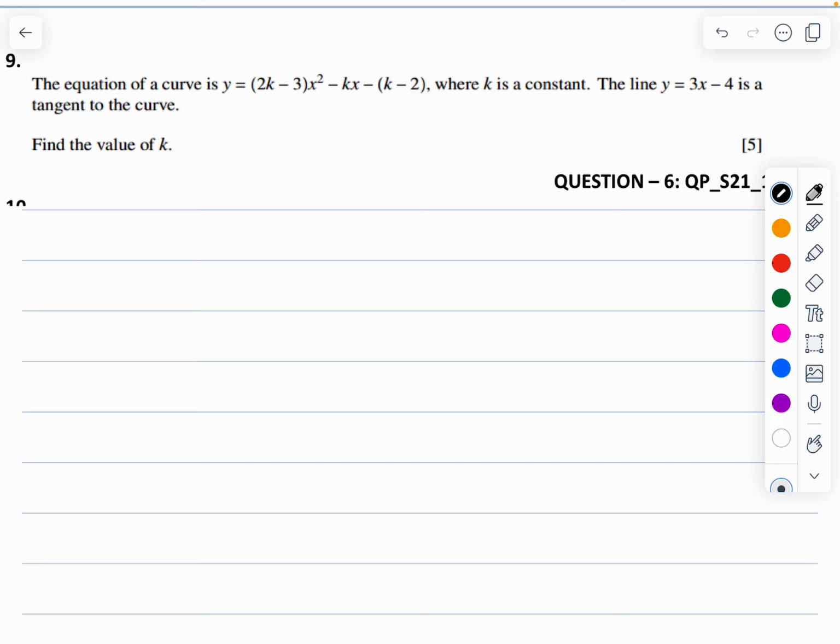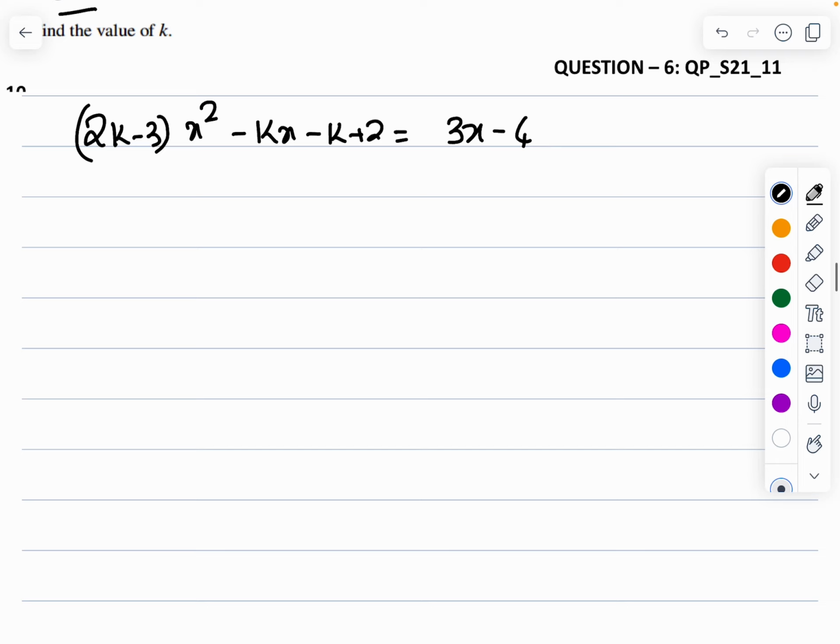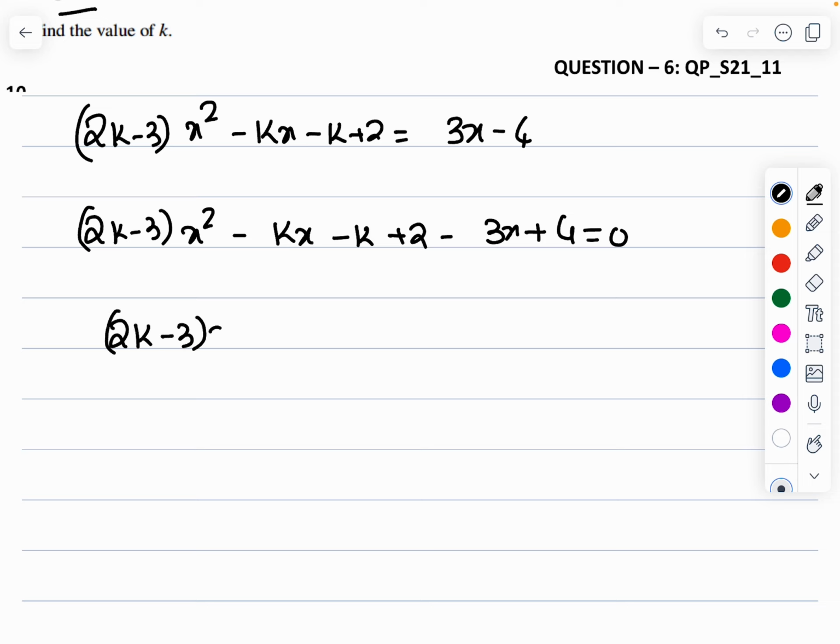Question number 9. Again, it is a curve and a tangent. So (2k − 3)x² − kx − k + 2 = 3x − 4. Bring all the terms to one side: (2k − 3)x² − kx − k + 2 − 3x + 4 = 0. (2k − 3)x², then these two are like terms, so minus x common (k + 3).